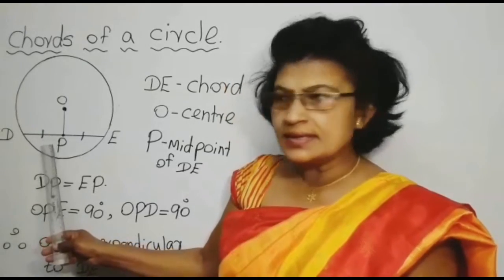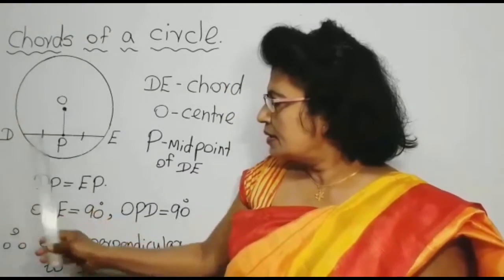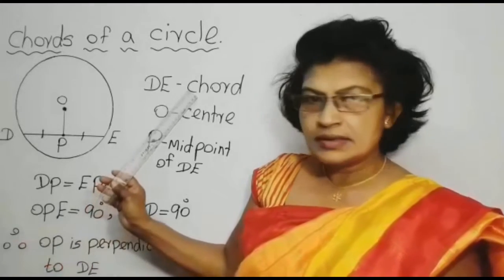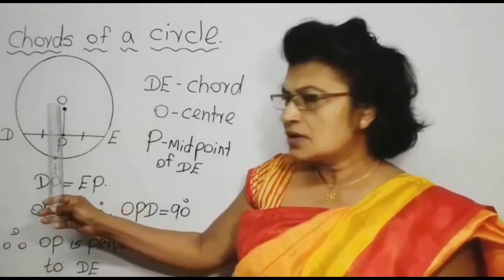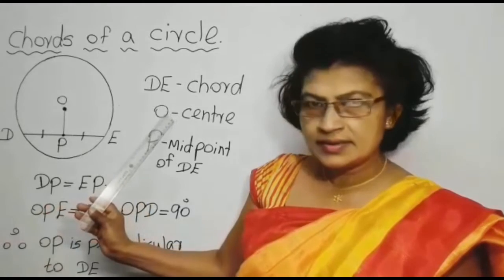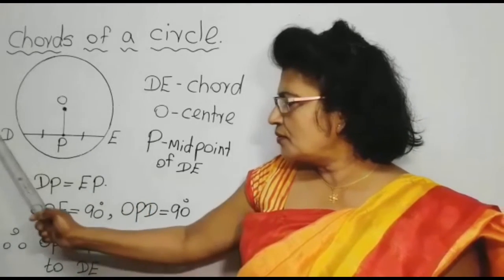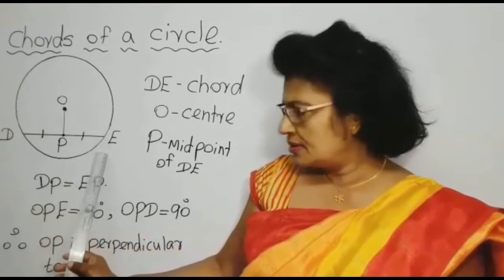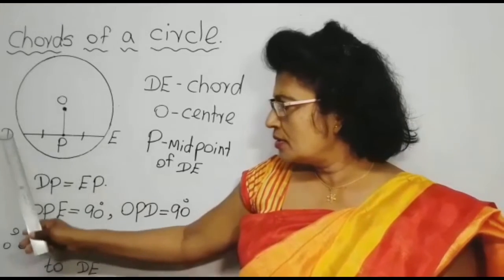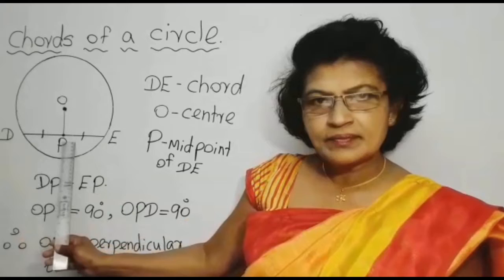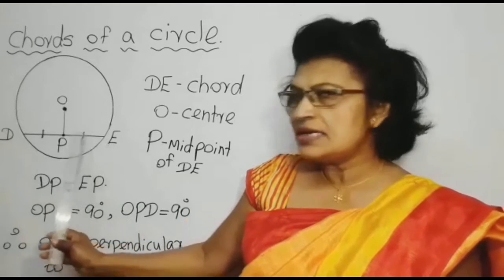Now look at this circle. DE is a chord. O is the center. P is the midpoint of DE. So DP equals EP.